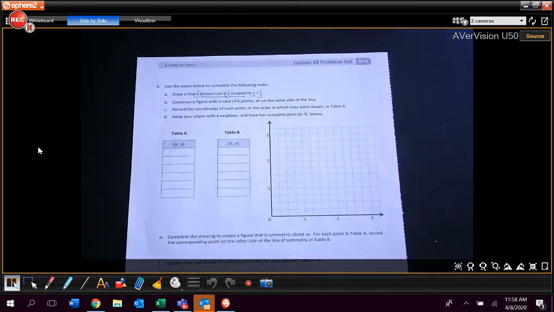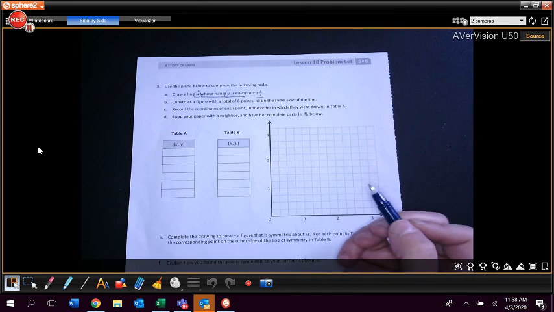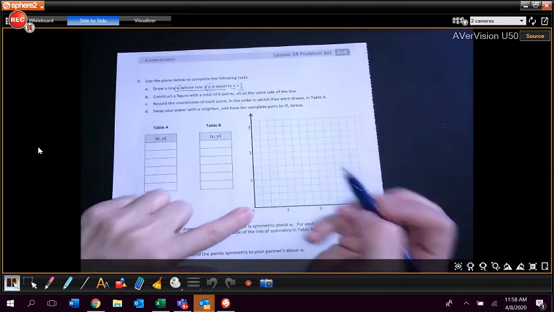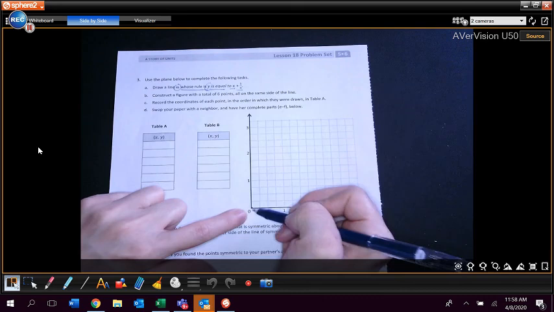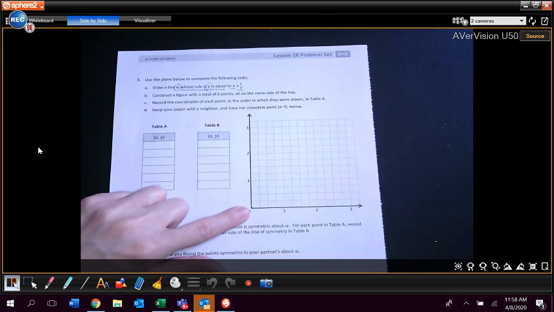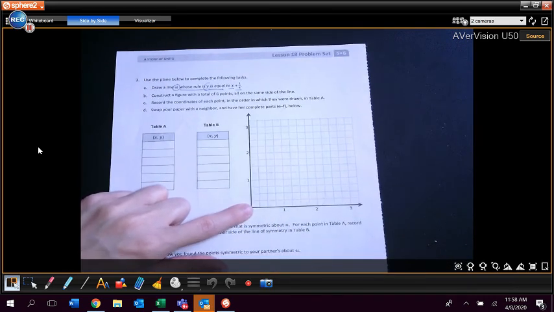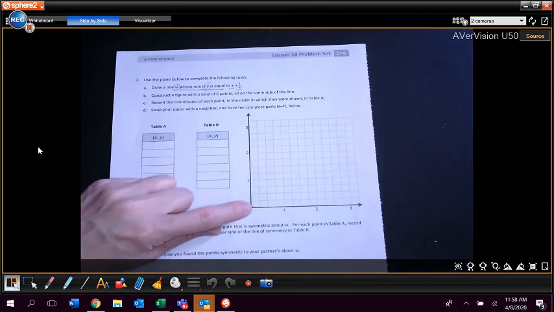So remember, our y is going to be x plus 1/4. So for example, if x is here, that means we have to add 1/4.